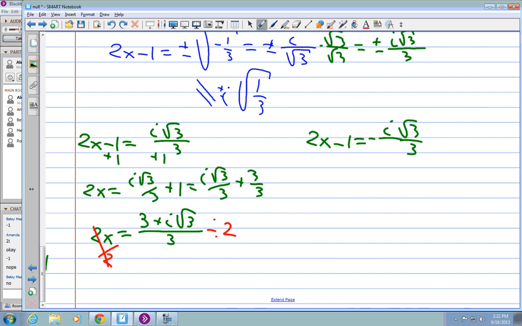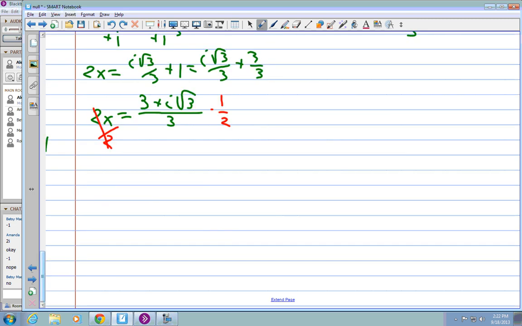So instead of dividing by 2, I can say this is the same as just multiplying by 1/2, so why don't I just write that? It's this times 1/2. So they're just going to turn my denominator into 6. So x equals 3 plus i square root of 3 over 6.